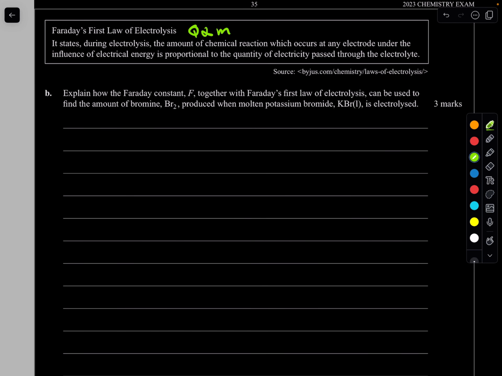All right. So first thing is, let's find the equation. So let's just first say, these are molten, so there's no water, which is so easy. When molten, Br liquid is electrolyzed. So what's going to happen? Let's check.